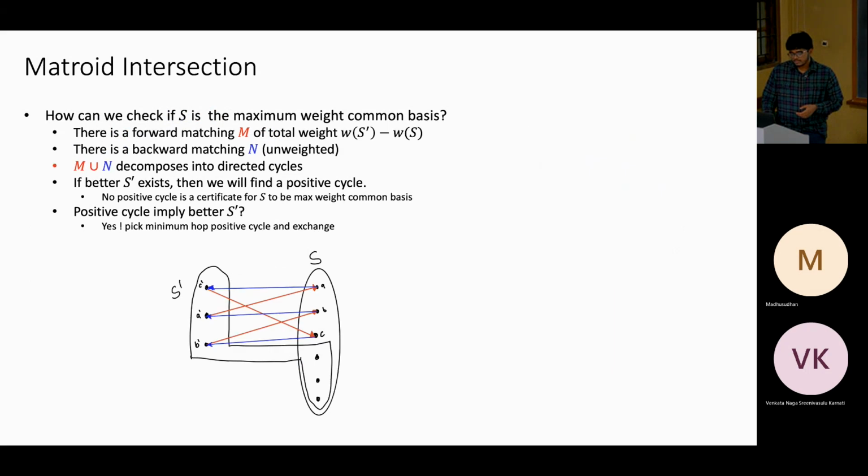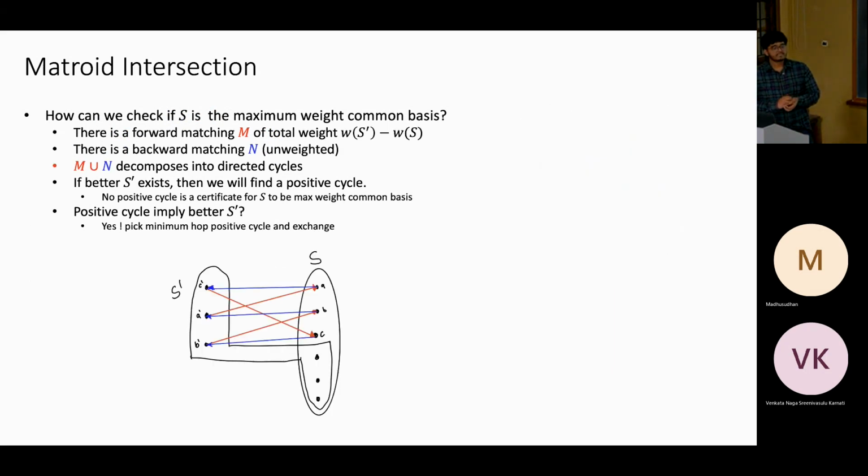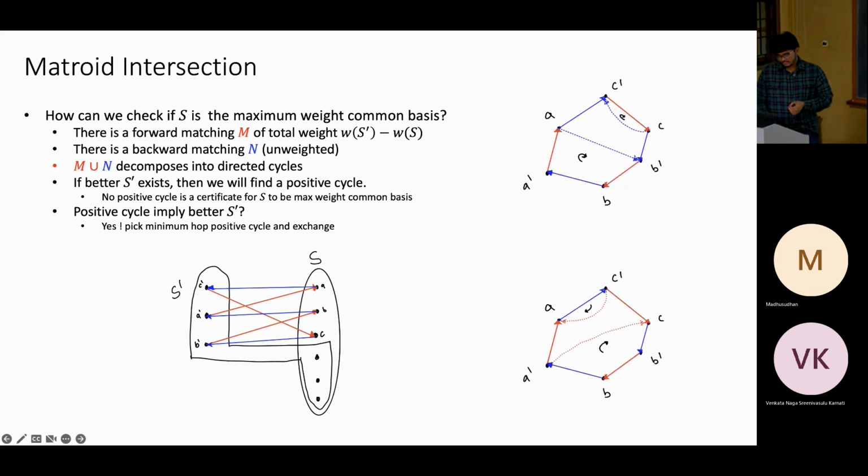All cycles will be alternate edges by construction. So let's just imagine this is already that minimum hop positive cycle, and I just need to prove that S dash is an independent set in both matroids.